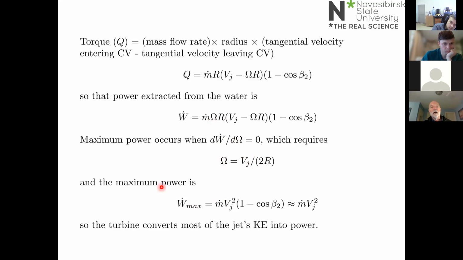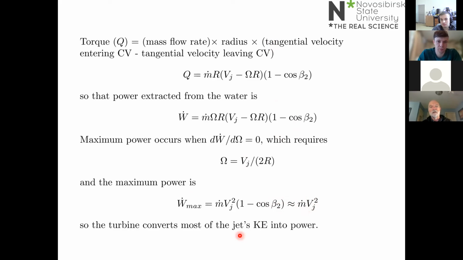And if you look at that in terms of the maximum power, assuming again that beta 2 is 180 degrees, then we get this expression here, which I've left a factor of 2 off. This should actually be divided by 2.